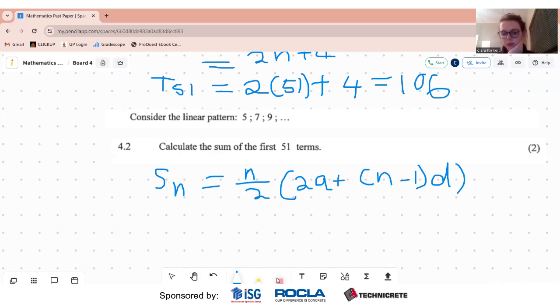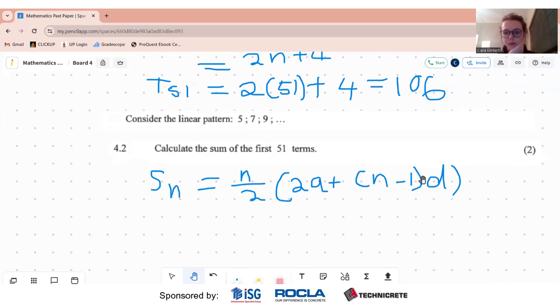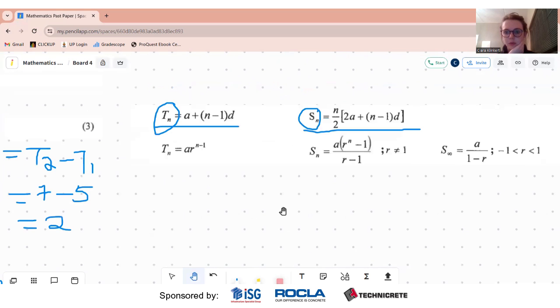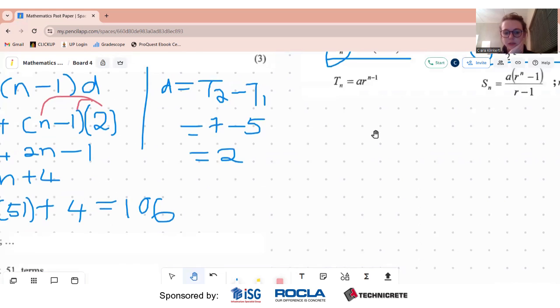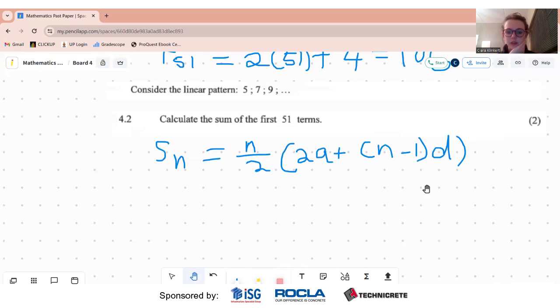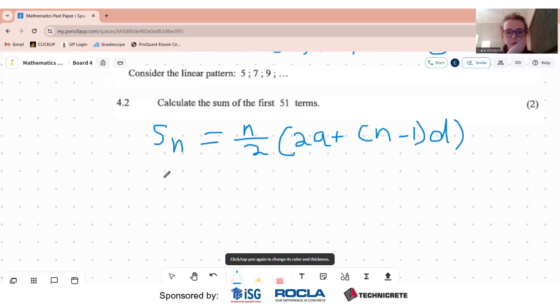We must always check that we've written down the formula correctly, because it would be very bad to mess that part up. Now we want to calculate it for S51 specifically, because we want the sum up until the first 51 terms. So we substitute 51 in the place of n.